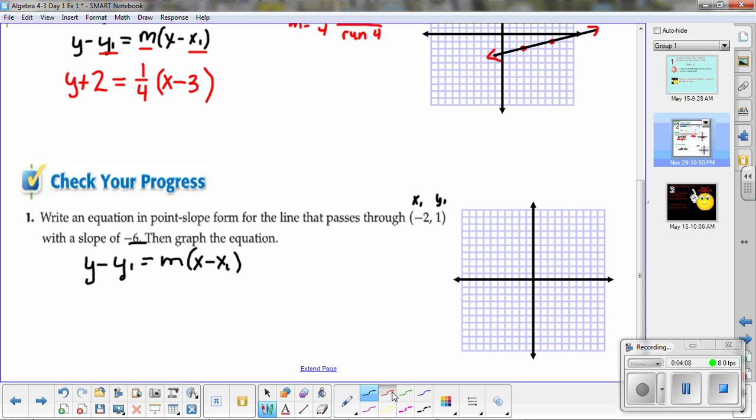So we're going to go ahead and plug in this, and this. y minus y1, which is 1, equals m, which is -6, times the quantity x minus x1. x minus a -2, minus a negative is really plus a positive. So x plus 2.